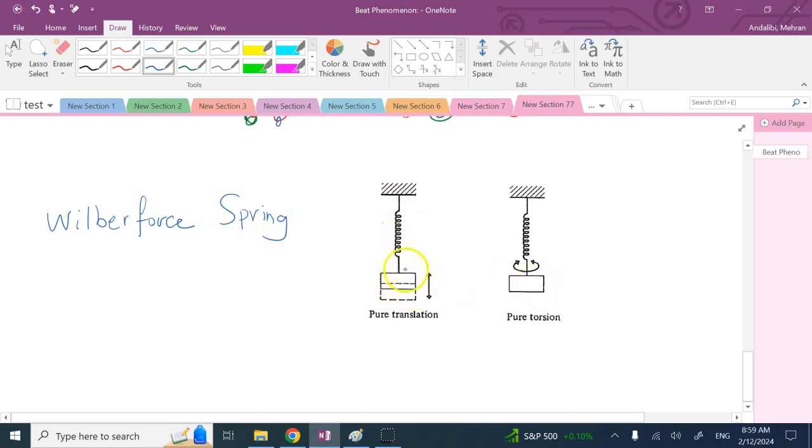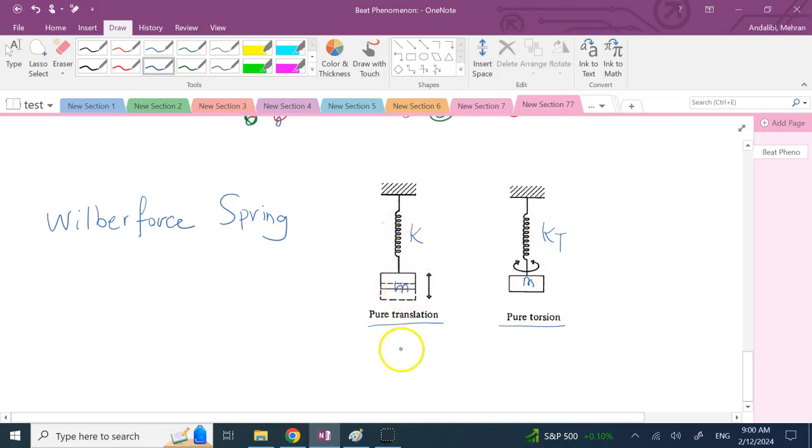This mass is attached to a spring, and it can have two different motions, pure translation and pure rotation. And the frequency of the translation is similar to frequency of the rotation. So if this guy has a k for up and down motion, and it has a k torsion here, and this guy is m, right?